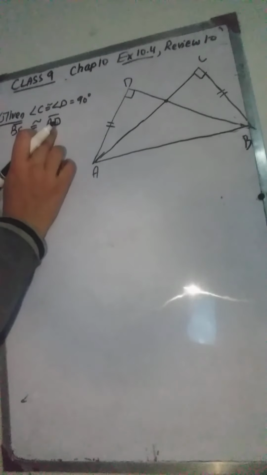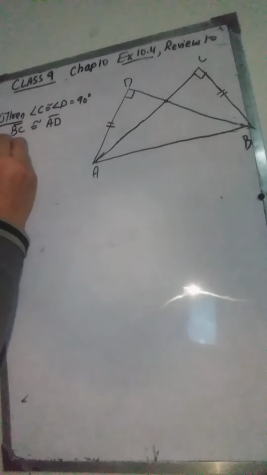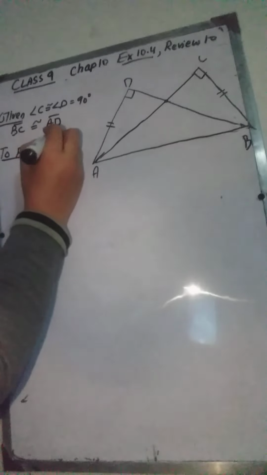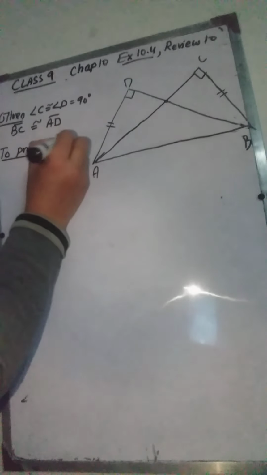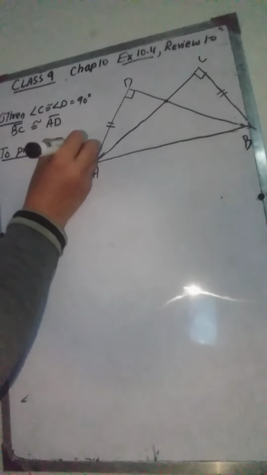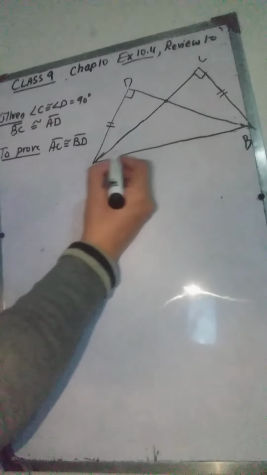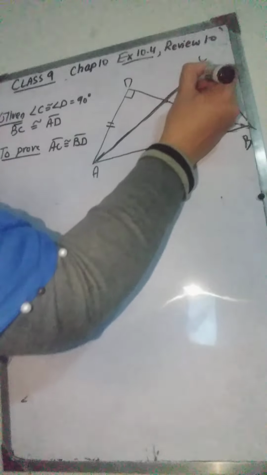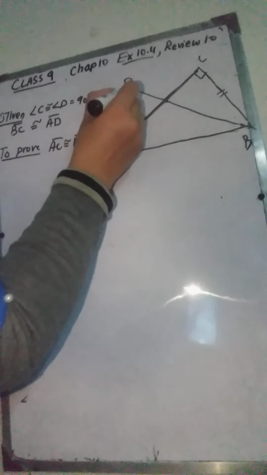This is given to us, and we need to prove that AC is congruent to BD. We need to prove that this side AC is congruent to BD, this side.